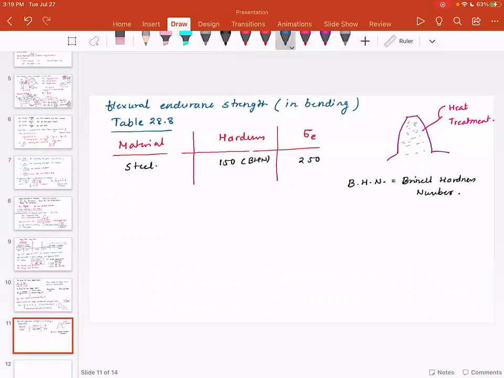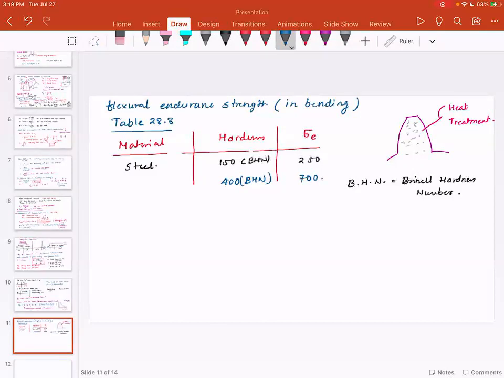If you go all the way up to 400 BHN, which is a very hard material, the endurance strength goes all the way up to 700. One thing to notice is that only steels can be hardened by heat treatment.